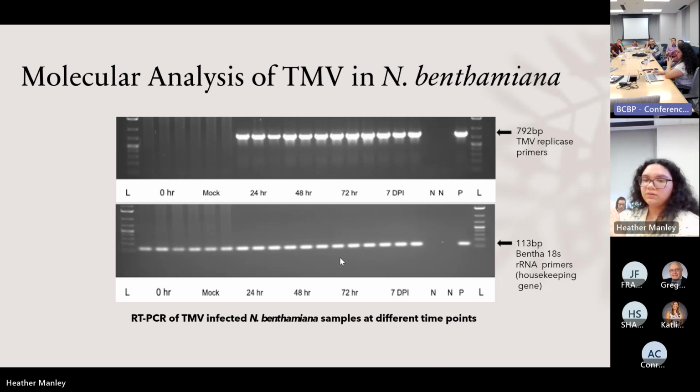Just to stay on the same topic, the virus infects this model plant, Benthamiana, tobacco. What are the agriculturally relevant crops that this virus affects? It can also affect tomato and spinach. There's a lot more, I can't think of them off the top of my head.